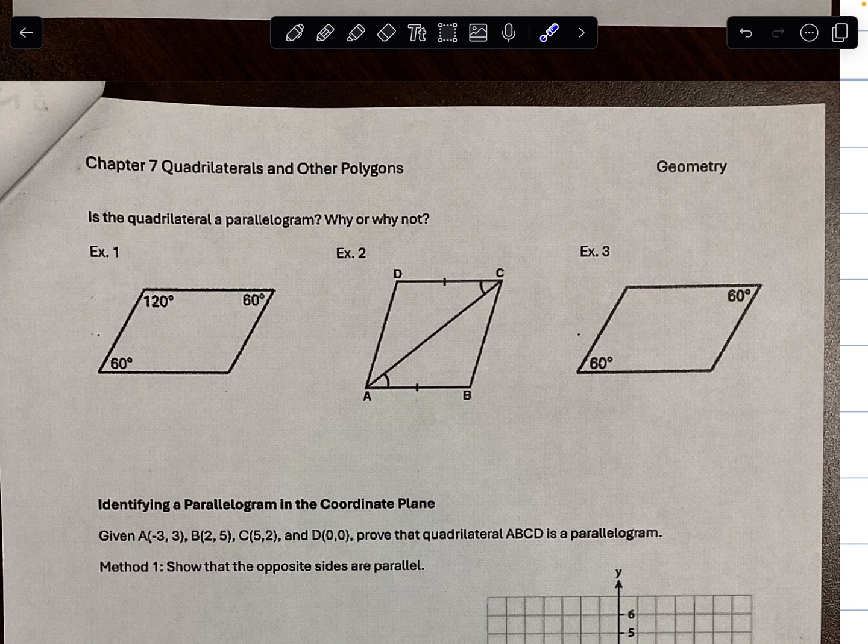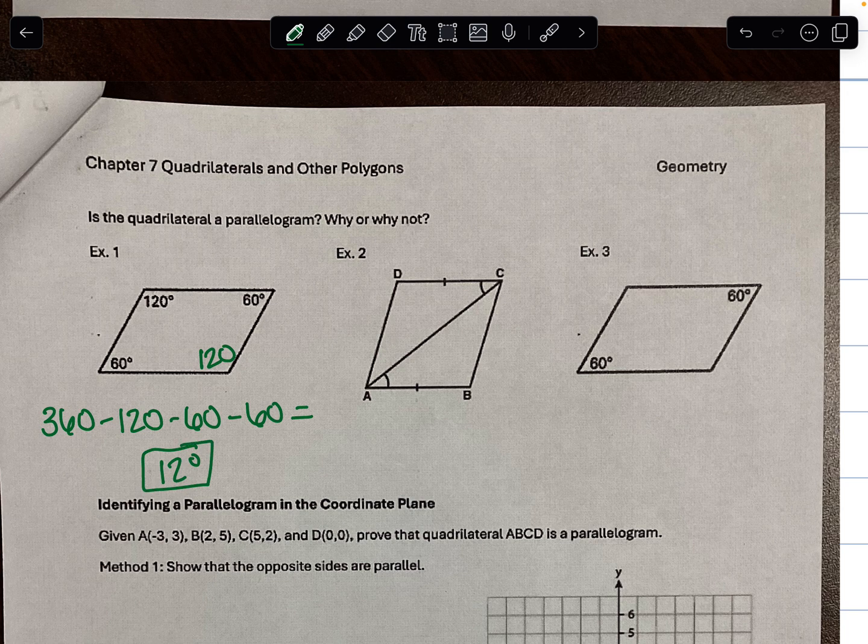Opposite angles are congruent, but that's only if it tells you it's a parallelogram, okay? So if it doesn't, we have to find that another way. Like Turner said, we can take 360 and subtract the 3 angles we have. So subtract 120, subtract 60, subtract 60. Now, we do get 120. So that does work here.